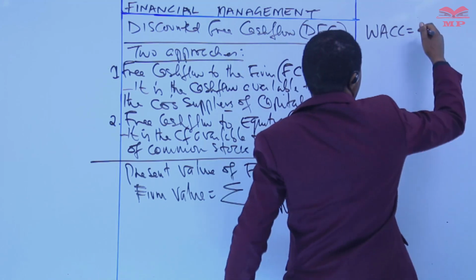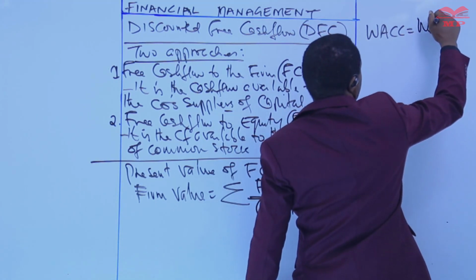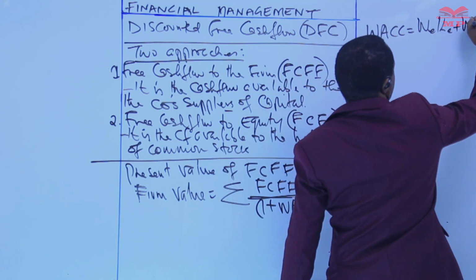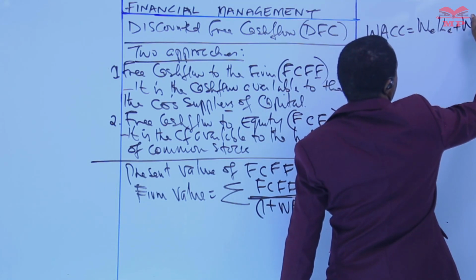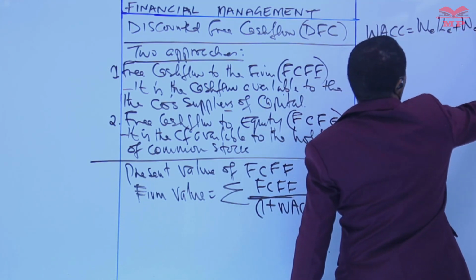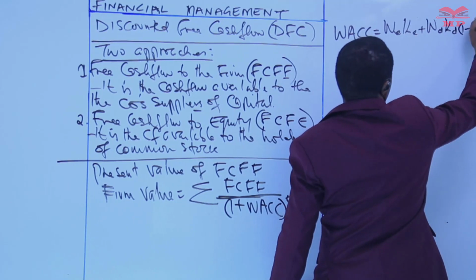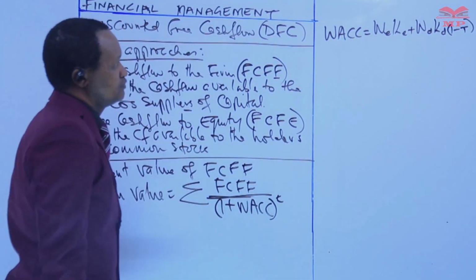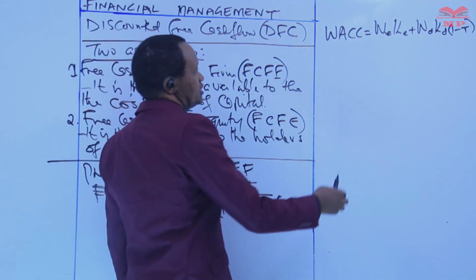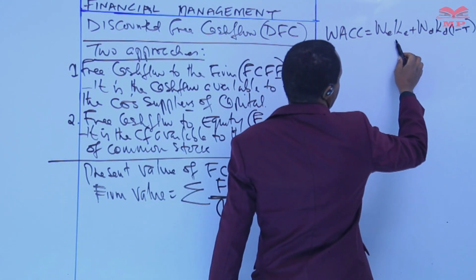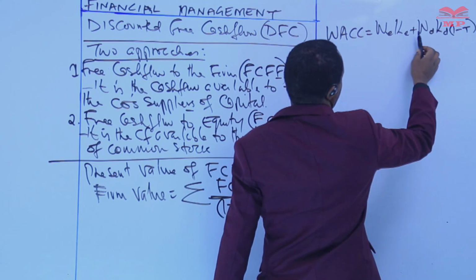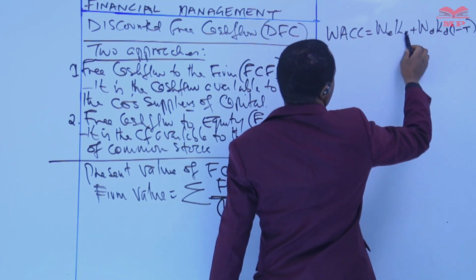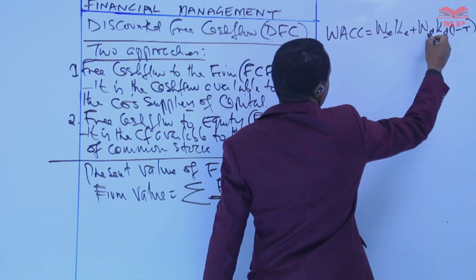It is the weight of equity times cost of equity plus weight of debt times cost of debt times 1 minus t. That is how we calculate the weighted average cost of capital. These are two sources: equity, the owners, and these are the debt holders. So we get the weight. These are the weights.